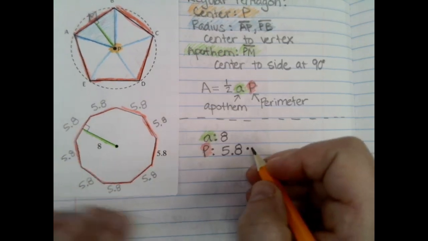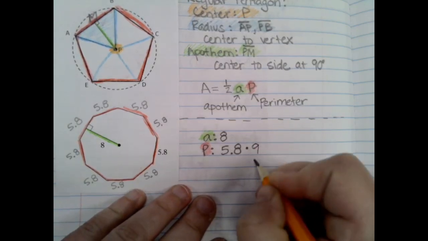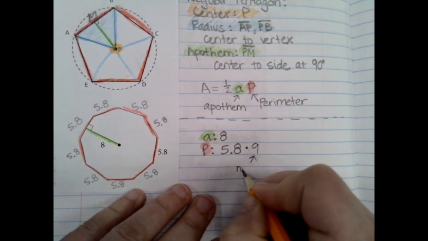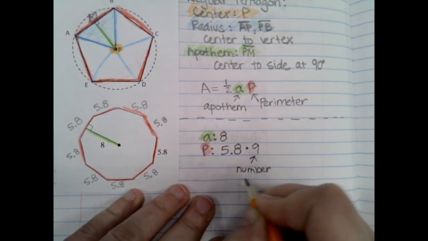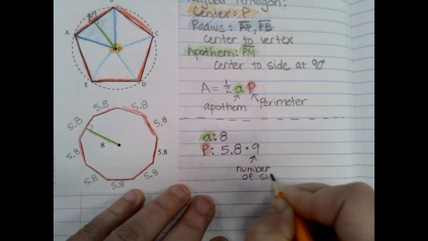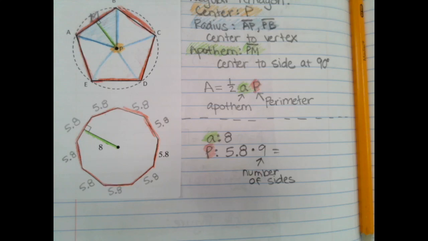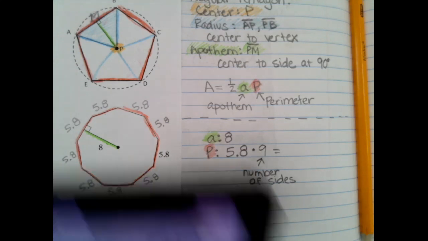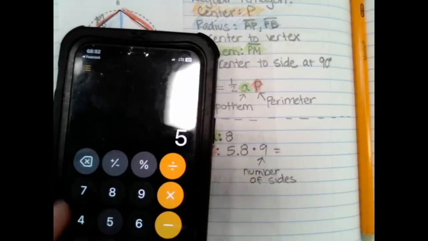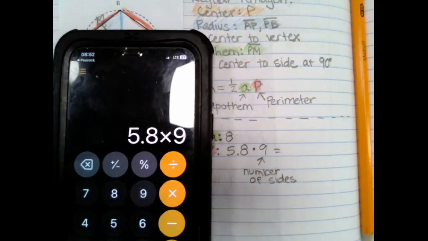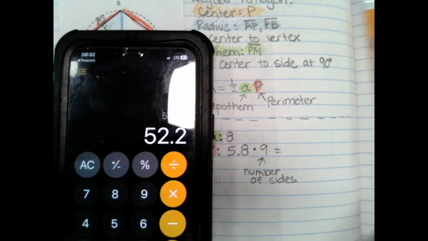So we're going to do 5.8 times 9, and that's our number of sides. Okay, 5.8 times 9, we get 52.2.